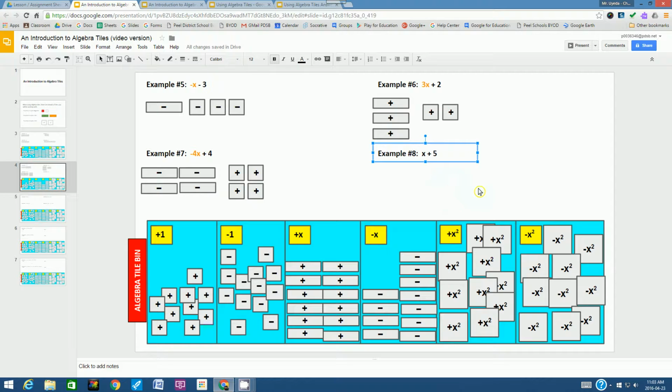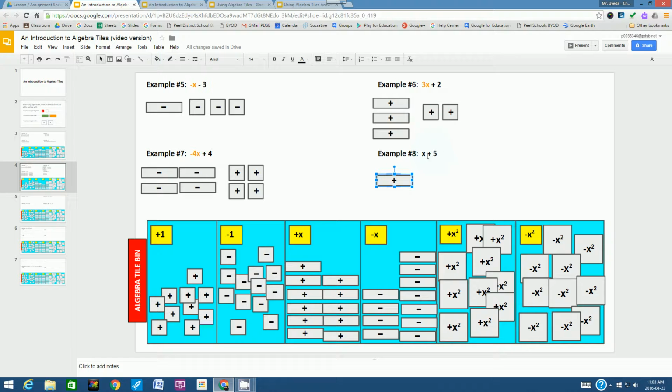Example 8 looks very simple compared to the other ones. So let's bring over our positive x. If there's no sign in front of it, then you have to assume it's positive. So we have our x. It doesn't need to be grouped together because there's only one of them.